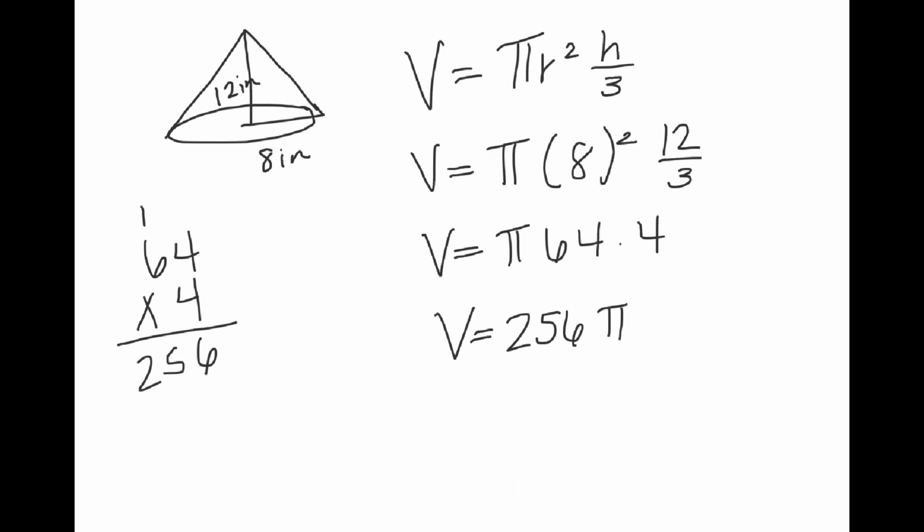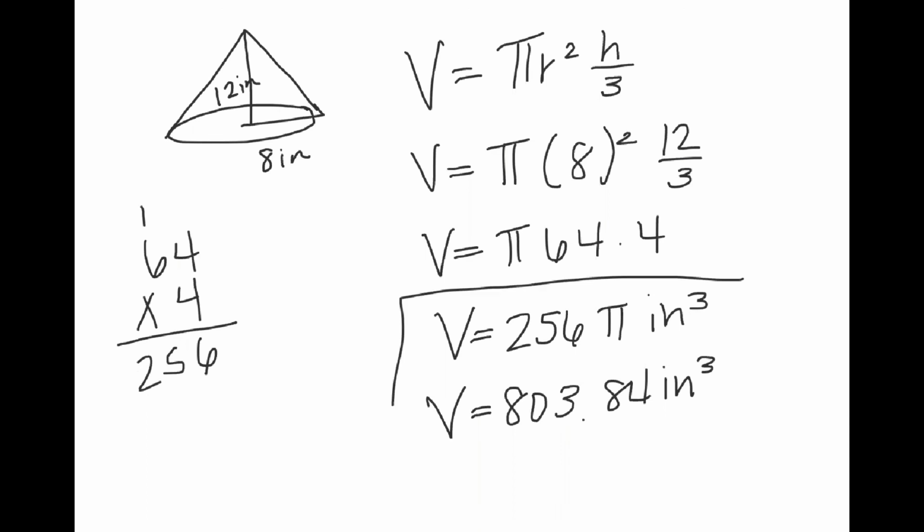Okay, how did we do? I got it. Good. I multiplied by 3.14 if you needed that too. Yeah, I just don't have much time left, so I didn't want to do all the steps, but you should have gotten 803.84. Yep. Those are your answers.